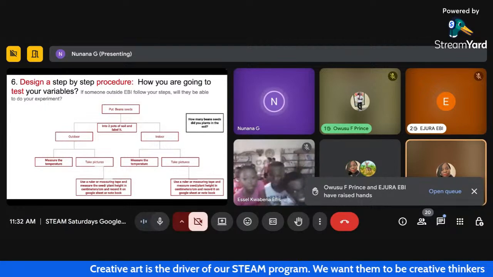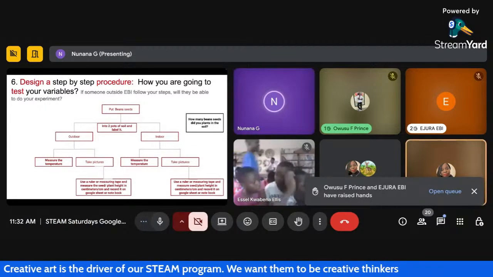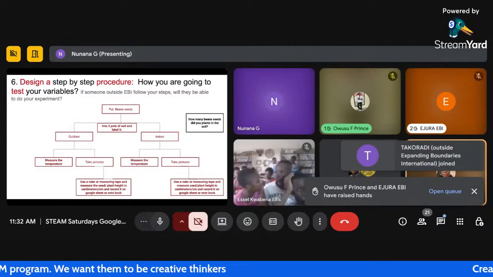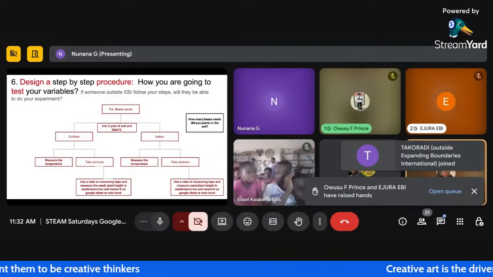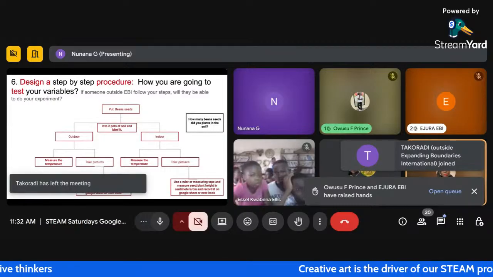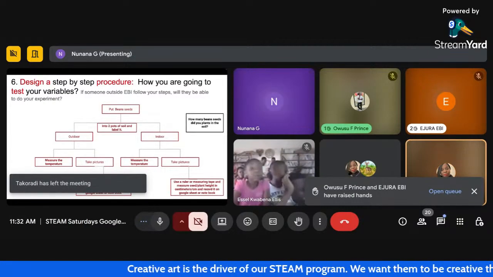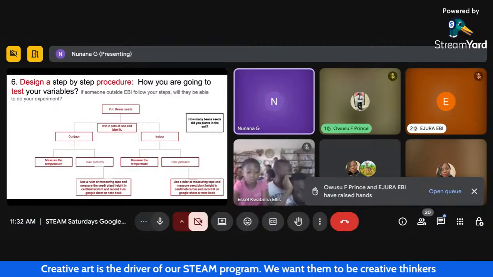And what are the 2 groups that you guys are experimenting with? Yes, that's the seed. What are the 2 groups?